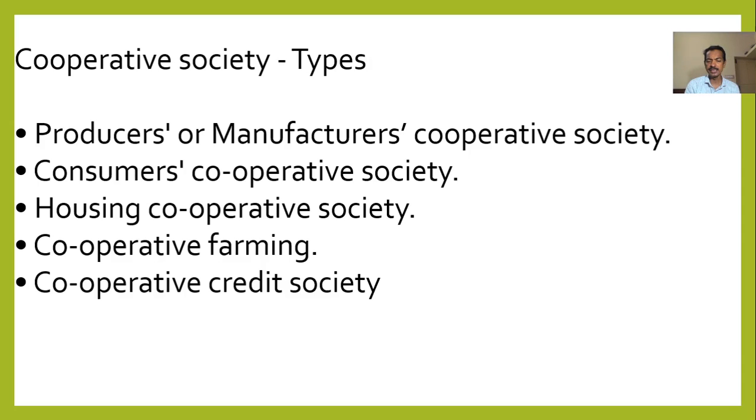And a cooperative credit society is financial, maybe a teachers cooperative society or a government employees society. These are the various types of credit cooperative societies. So: producers or manufacturers cooperative society, consumer cooperative society, housing cooperative society, cooperative farming, cooperative credit society, and much more.